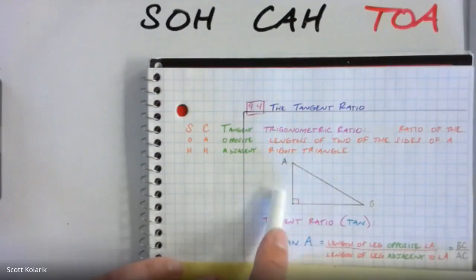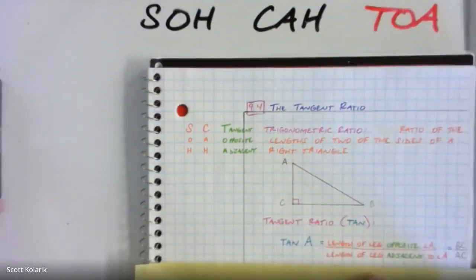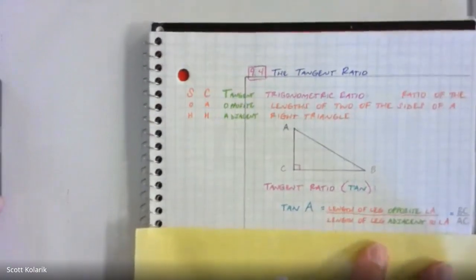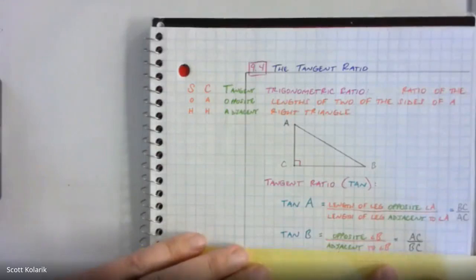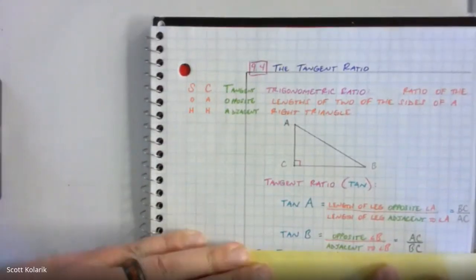Opposite over adjacent. Now, if I took the tangent of a different angle, like angle B, the ratio is still opposite over adjacent. It's just that the lengths of the sides may differ depending on what's going on in the triangle.